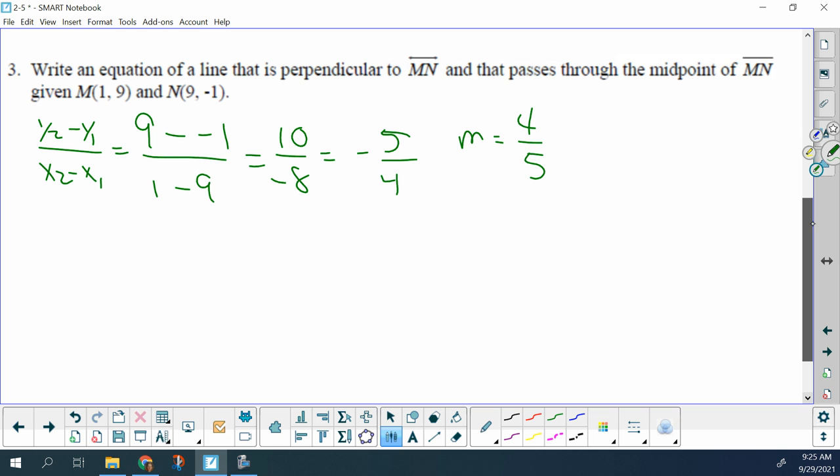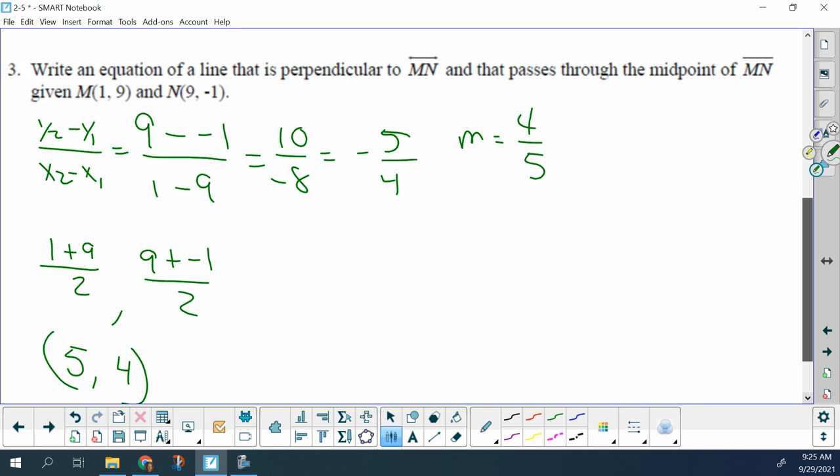To find the average, I add the x's together and divide by 2, add the y's together, divide by 2. This is confusing because for slope it's y minus y and x minus x, but for the midpoint I'm adding the x's divided by 2, adding the y's divided by 2. You have to think about what you're doing. So (5, 4) is the midpoint.